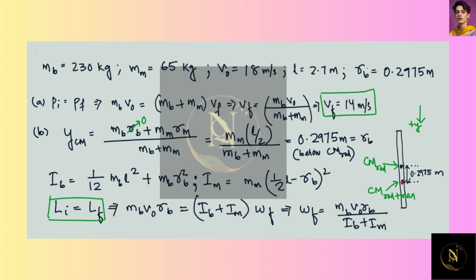So let me just reframe my sentence. So R_B is the distance between the centers of mass of the rod and the rod plus man system.